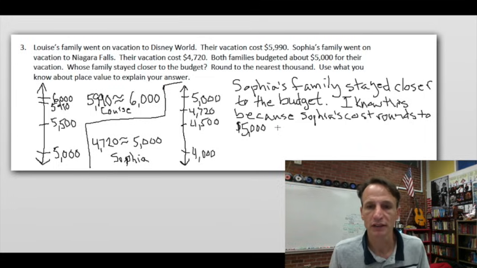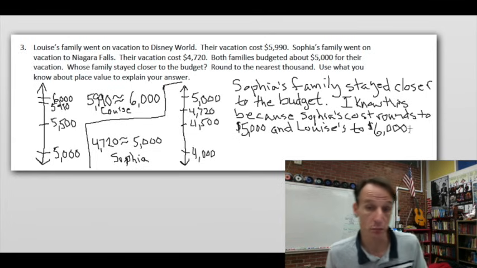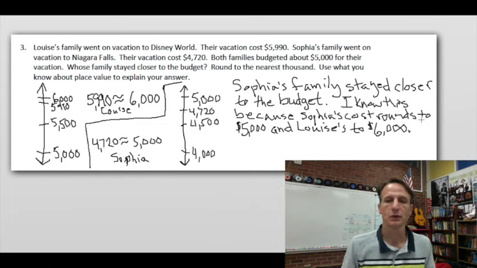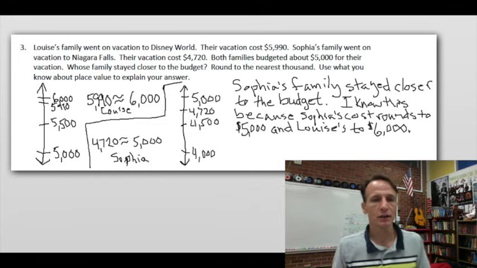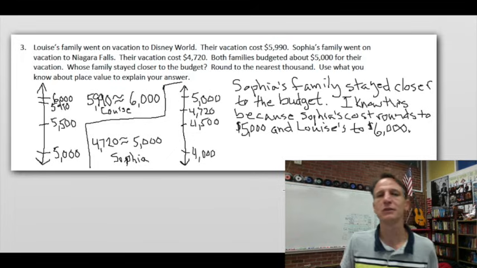And how about Louise? Louise's rounds to 6,000. I could add here if I'd wanted to when the budget was 5,000, but we obviously know that. There we go. Number 3 is done. Just have one more. Moving on, folks.